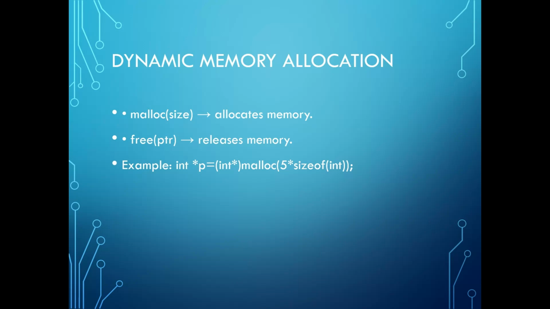Here we define an int pointer p equal to an integer pointer cast of malloc, with size of 5 times sizeof integer, so the size of malloc would be 5 into 4, that is 20 bytes.